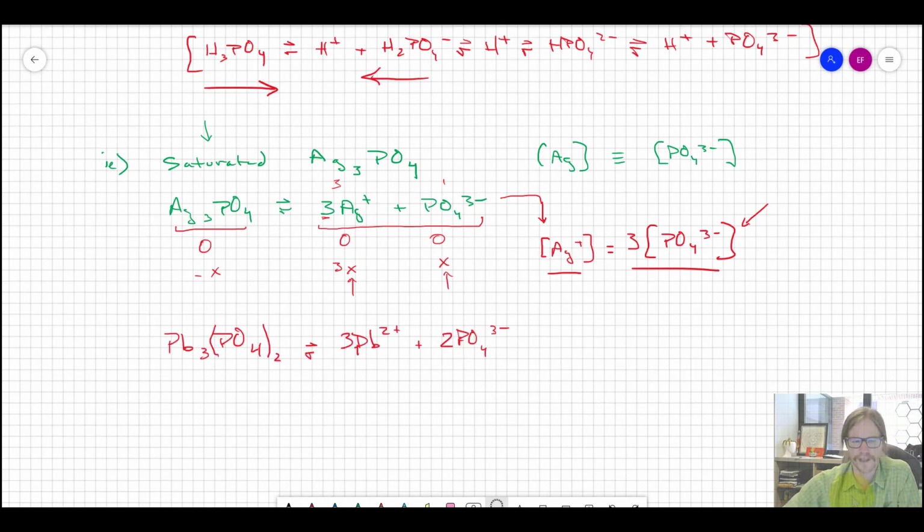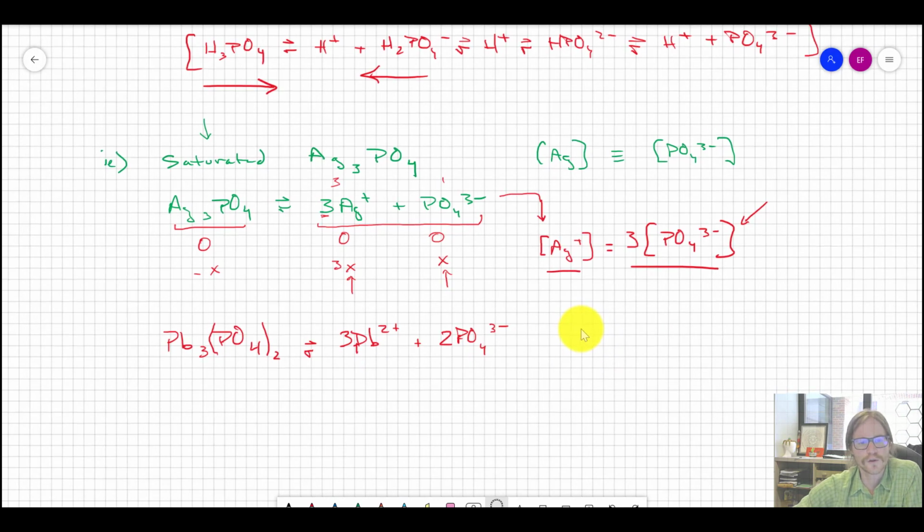If we go back to our lead phosphate example, which we'll talk about quite a bit in this class, we could write a mass balance for this as well, right? And similarly, these coefficients get swapped when we're talking about the concentrations, when we're thinking about it from the perspective of the other. So this would be 2 times lead concentration equals 3 times phosphate concentration.